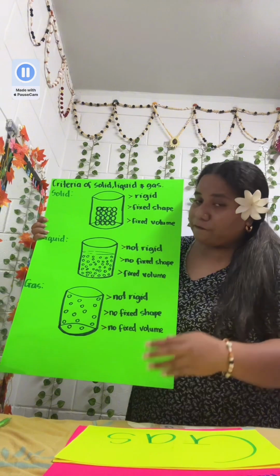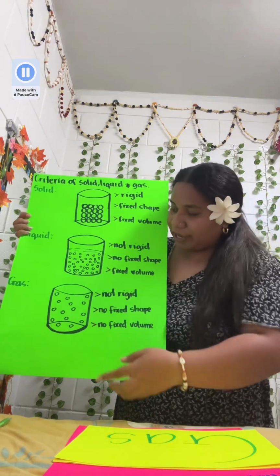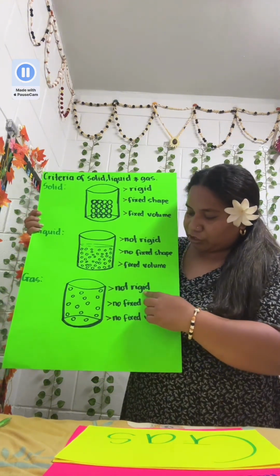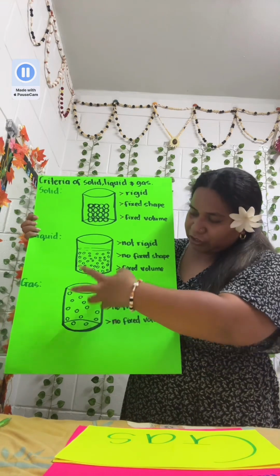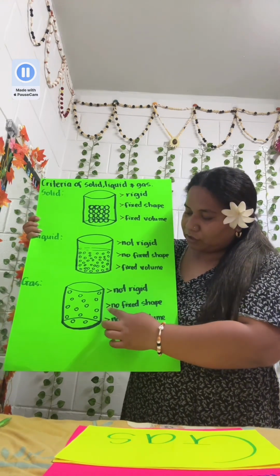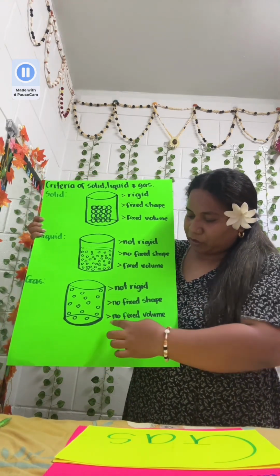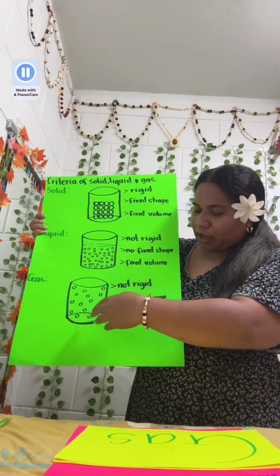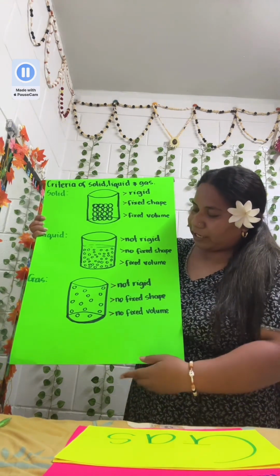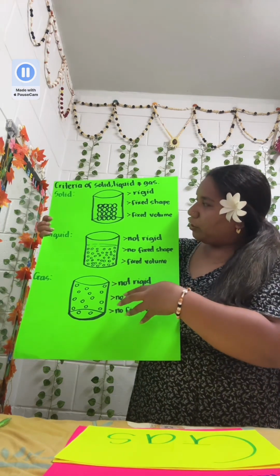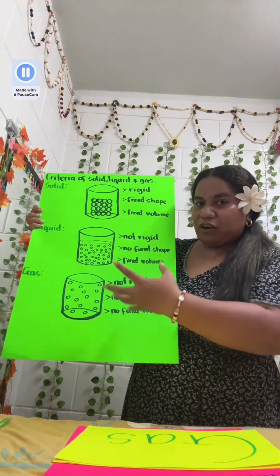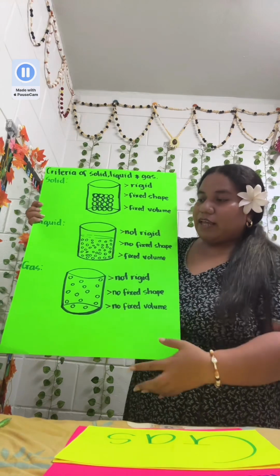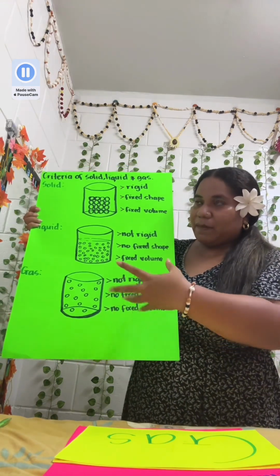And for the last one, gas, it is not rigid, as you can see in the pictures. There is no fixed shape and no fixed volume for gas, and it is also not rigid. They have much more space.